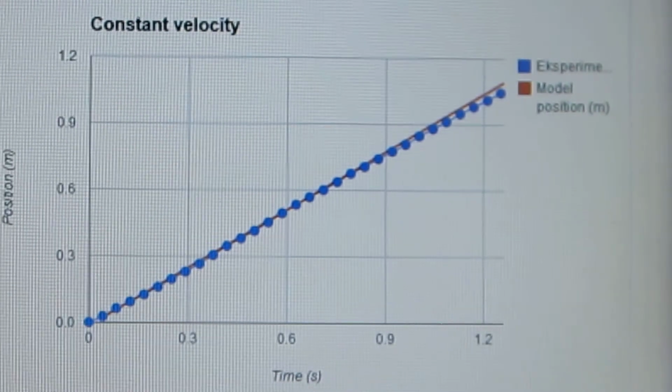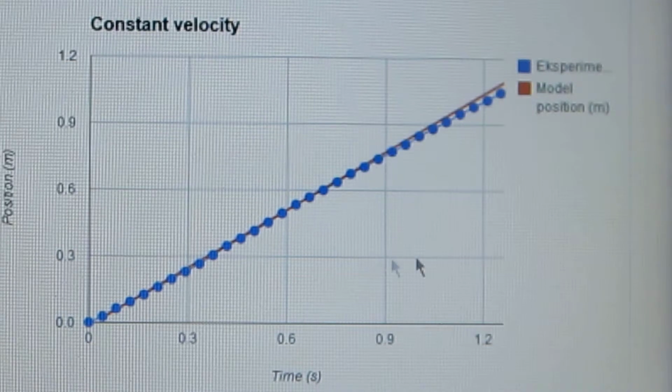We confirmed that experimental and model position are compatible. We proved the experimental numbers with the model numbers.